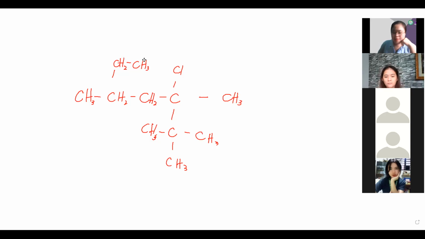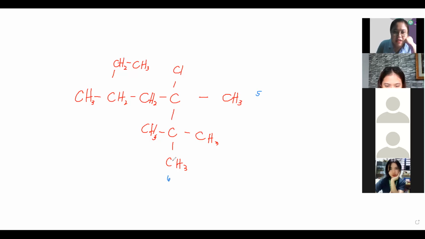So sige, let us count. Again, I thought I made a third butyl, but checking the structure, it cannot be a third butyl pala. Kasi pag magka-count tayo ng parent chain, if I start here, 1, 2, 3, 4, 5, this is just 5 here. If I go down, 1, 2, 3, 4, 5, 6.